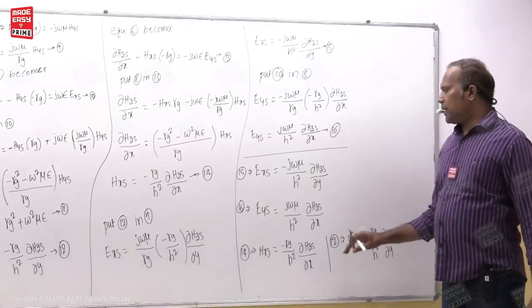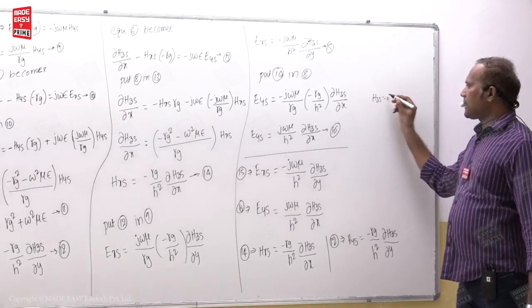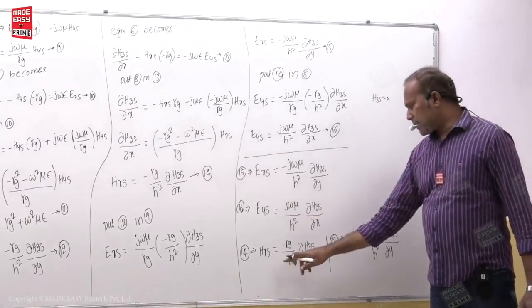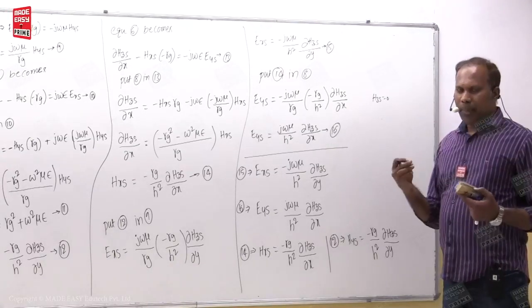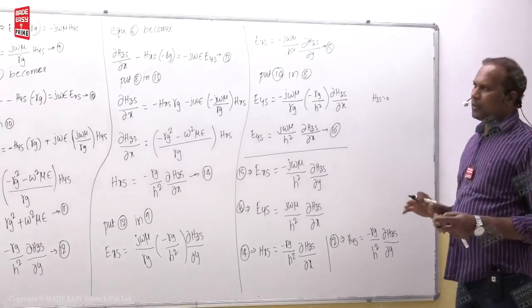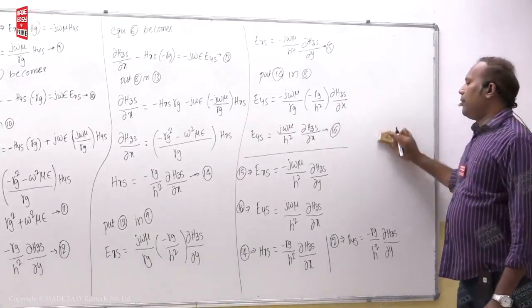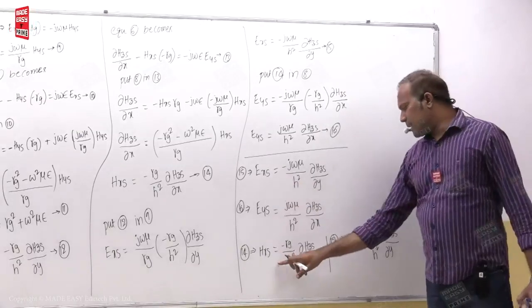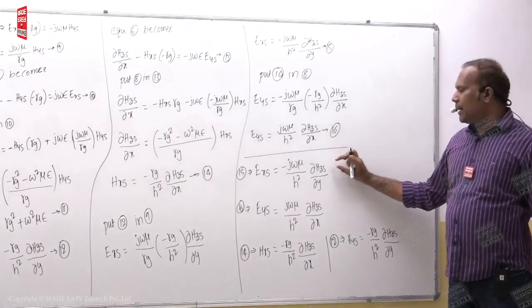One conclusion is that, students, if Hz is 0 in this case, then Exs, Eys, Hxs, Hys are 0, then total electric field 0, total magnetic field 0. Power flow is not there, so mode doesn't exist, you say. That we will talk of later on. So this is all about the representation of field quantities Ex, Ey, Hx, Hy in terms of the main component Hz.